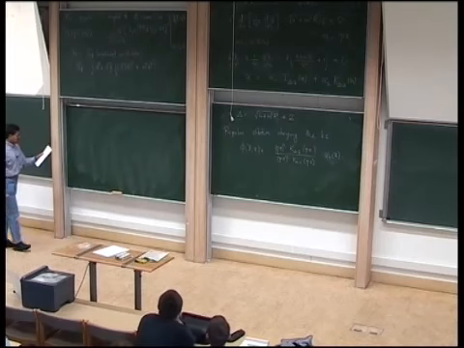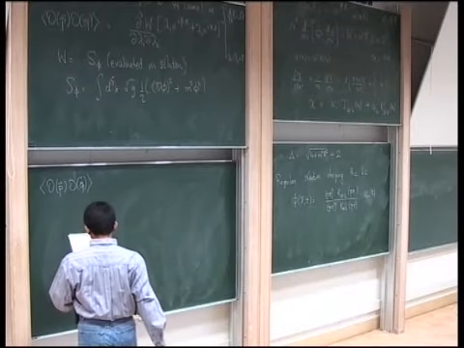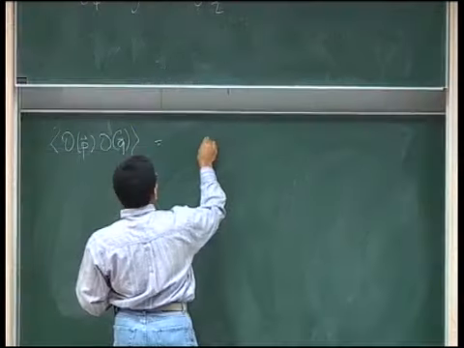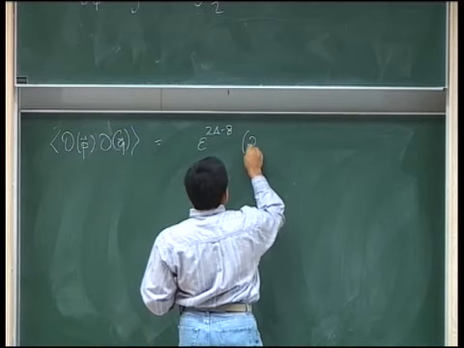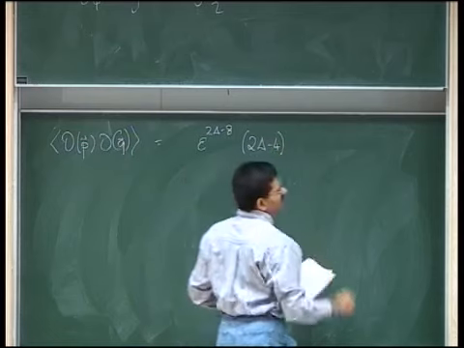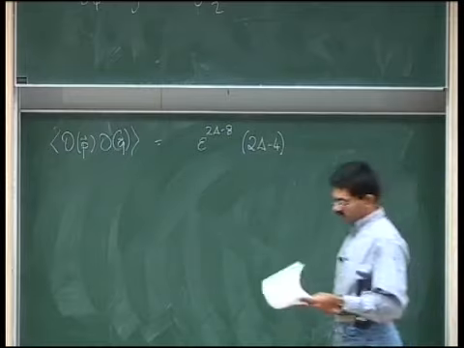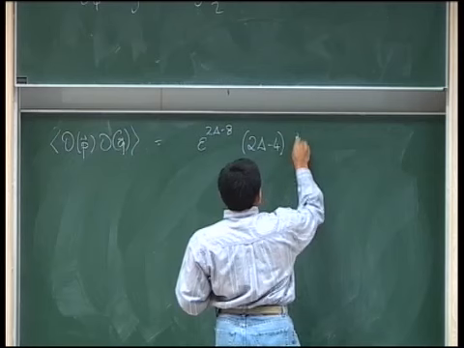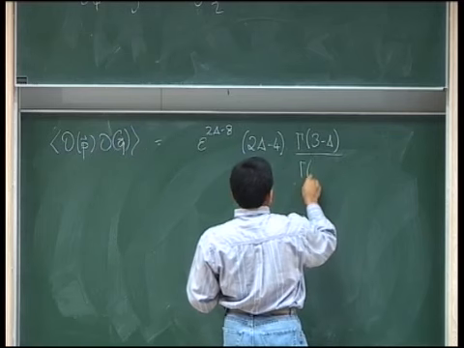So you evaluate the boundary term, and what do you find? I'll write everything in terms of this quantity, because it will be clear what that quantity means in the field theory in a moment. There are some gamma functions coming.